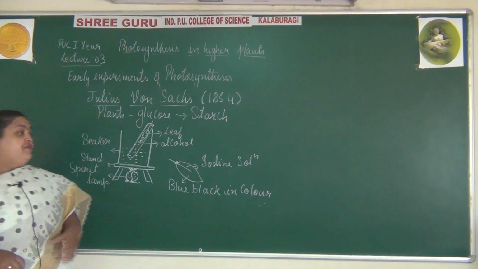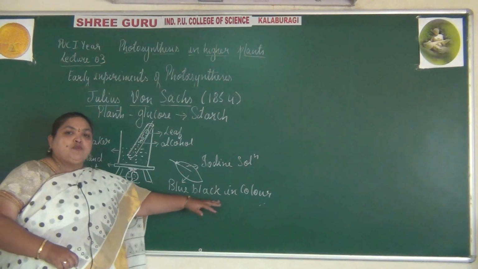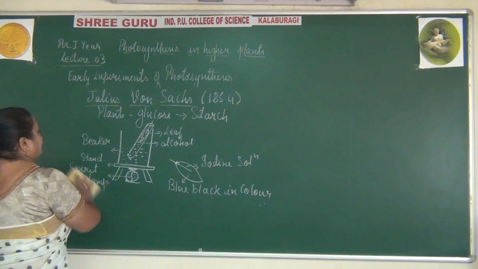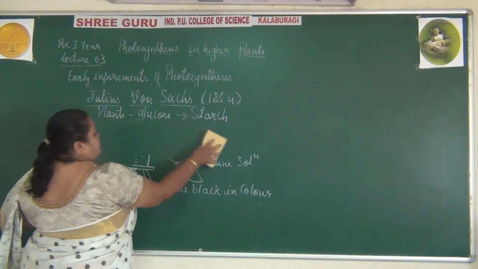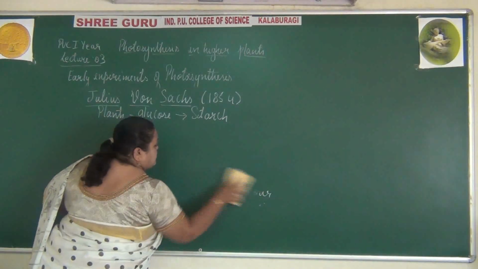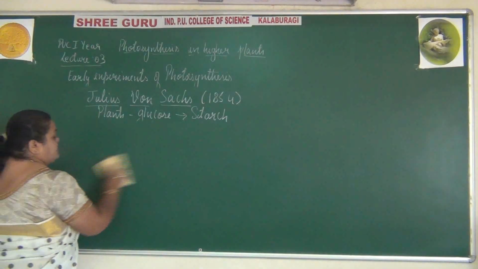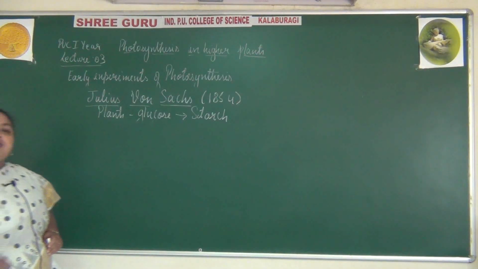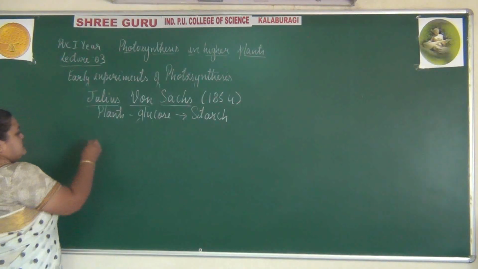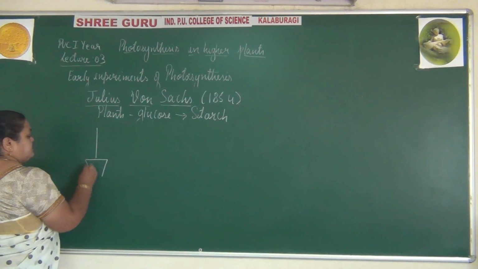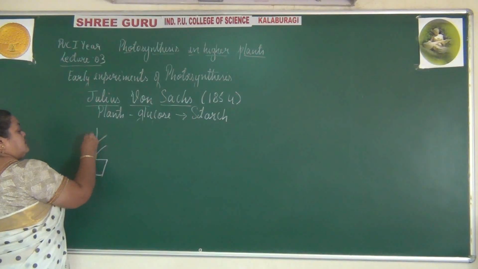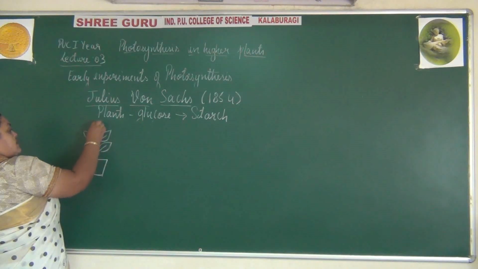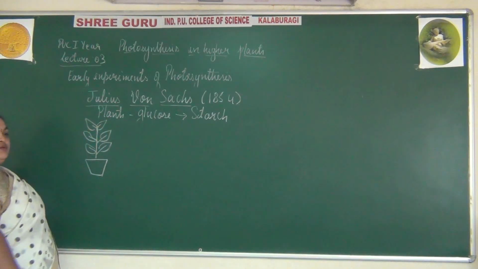Then another experiment. This was the procedure for identification of starch. Now the main setup that was used by Julius von Sachs. It also implies that light is necessary for the process of photosynthesis. In this, a plant which was exposed to light was used.